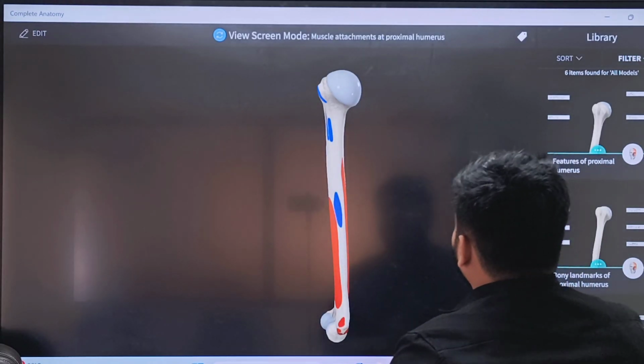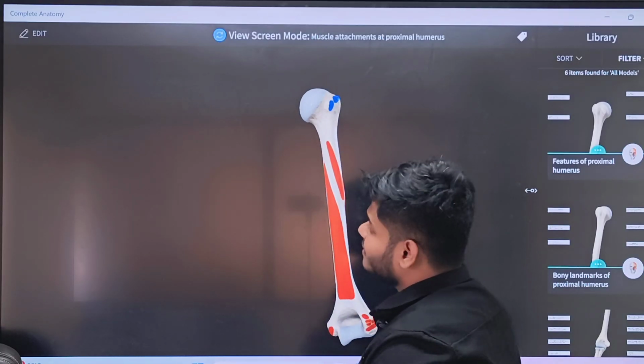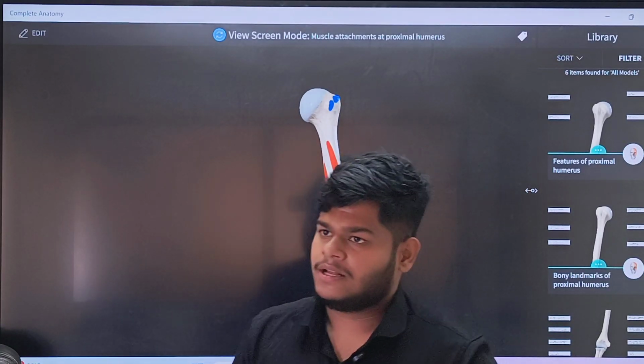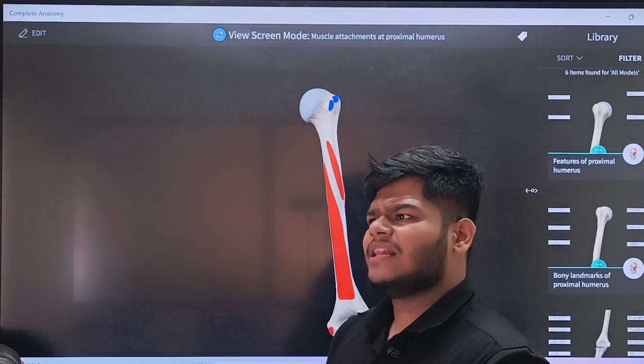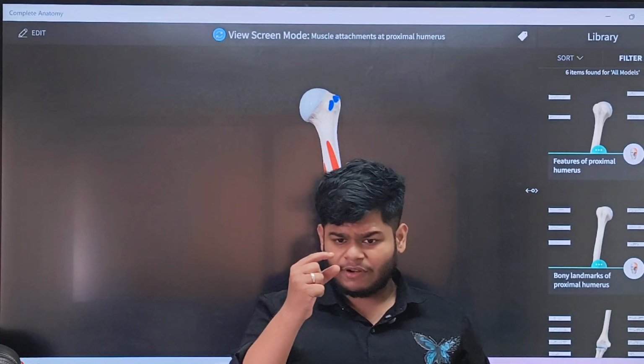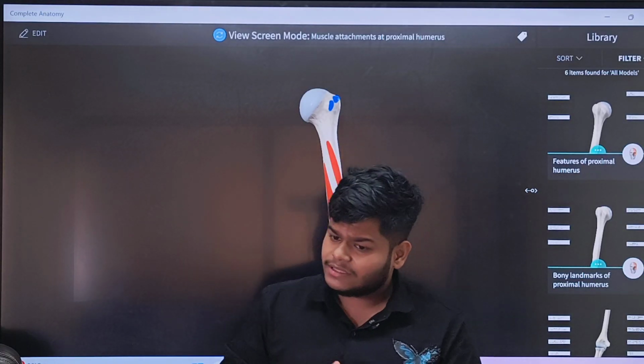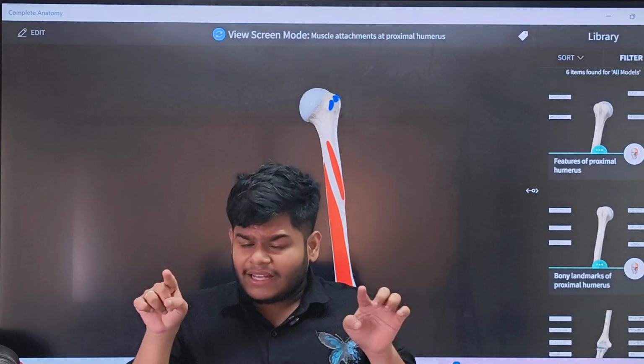Now, one more thing that I missed in the last class is the surgical neck. Why is there a surgical neck in the humerus? The surgical neck is present 0.5 centimeter below the anatomical neck, because there is the axillary nerve.